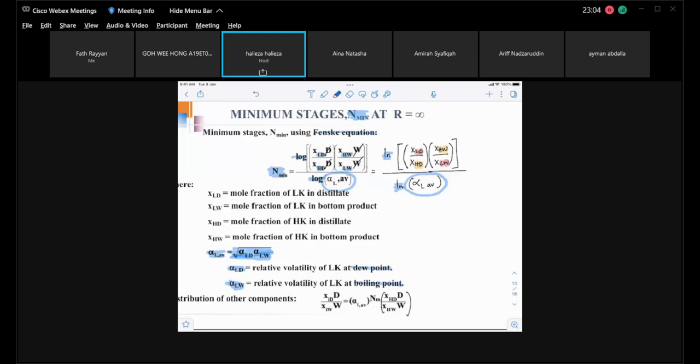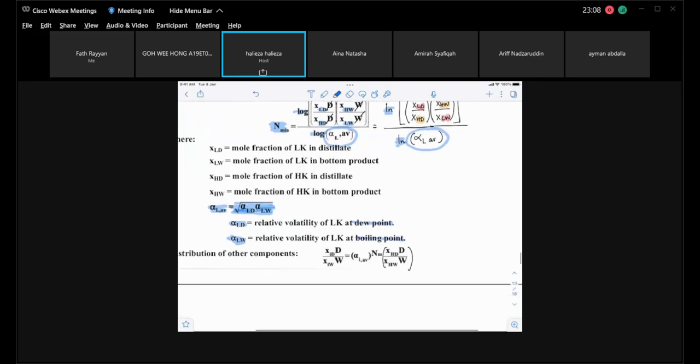Okay, once you have got your N min, your minimum number of stages, then you can calculate your distribution of the other two components. Okay, once you get the distribution of your other two components, then you will get the actual composition of your light key and your heavy key. But the differences are not that much.